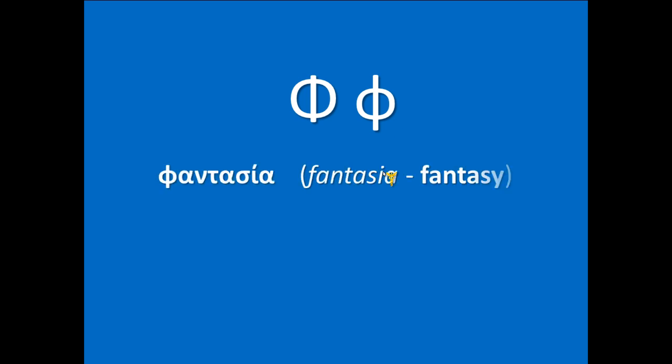Now we're gonna learn the letter phi. A Greek word that starts with this letter is the word fantasia. That means fantasy. And another word is phos. That means light. It is pronounced f like forest. And we write the capital letter like this.